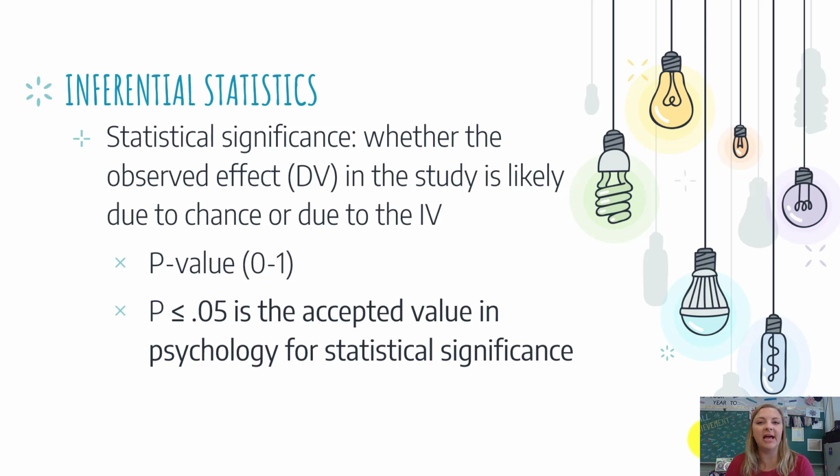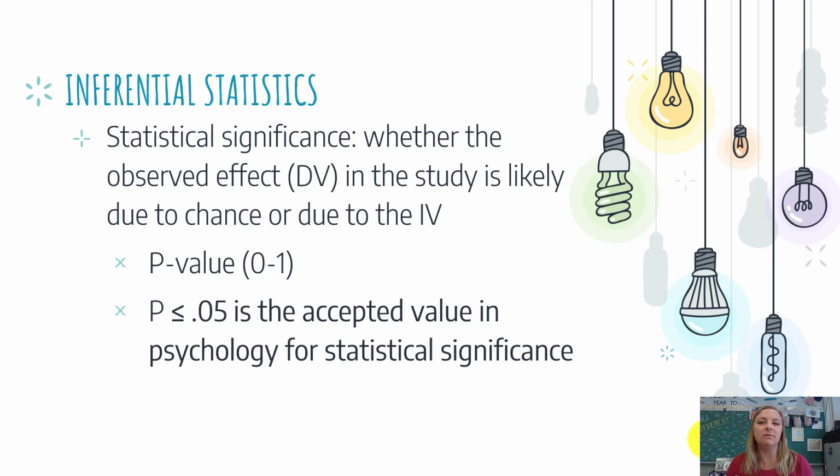So the question that statistical significance is answering is, was the change in the dependent variable because of the independent variable or because of chance? Did the independent variable actually change the dependent variable? That is what we are answering when we are looking for statistical significance.